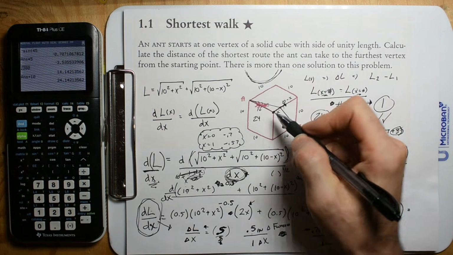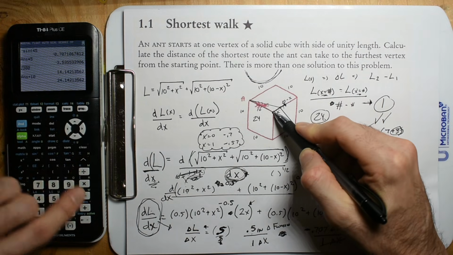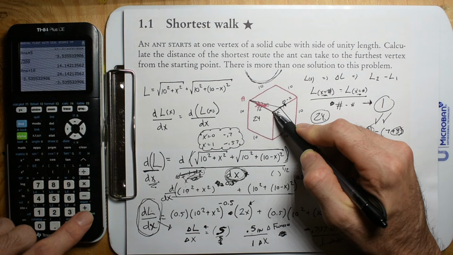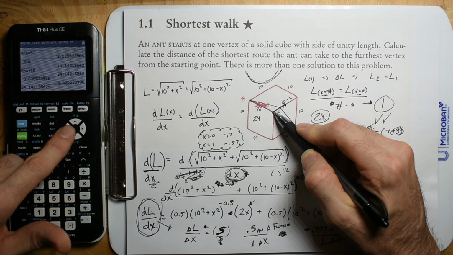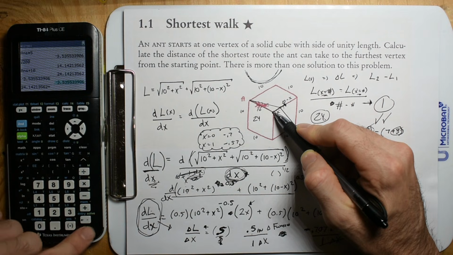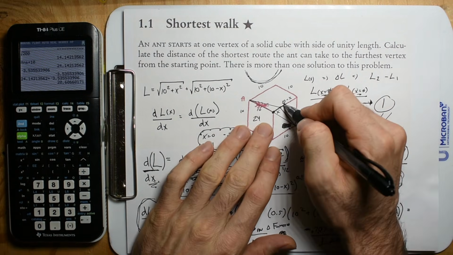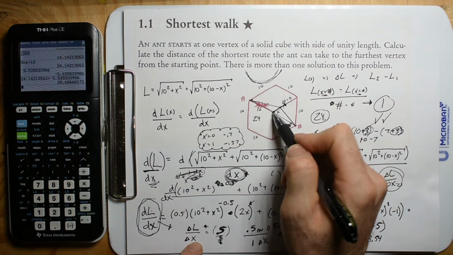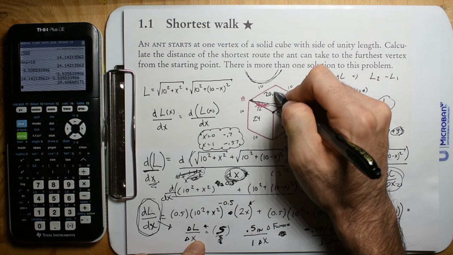So my length right here at x is equal to 0 is going to be 24.14. If I subtract this 3.53, whoops, from 24, then my length is going to decrease. So this equation right here, just analyzed at this point 0, says that my length at the halfway point is going to be 20.6.